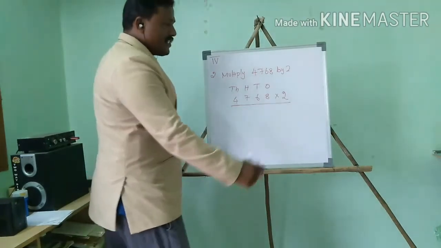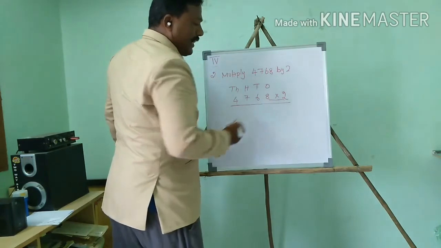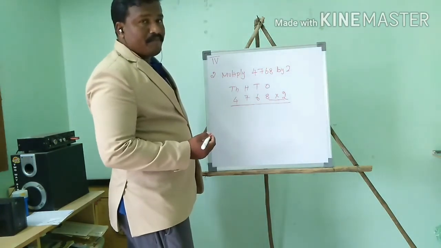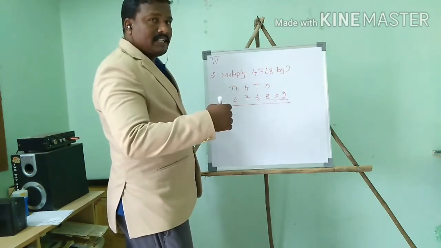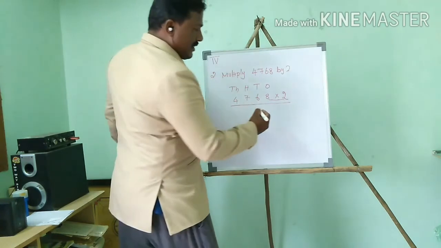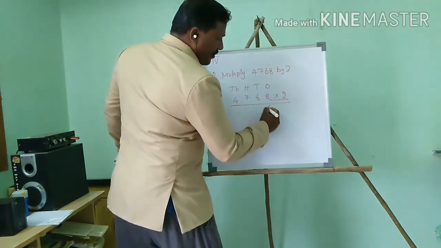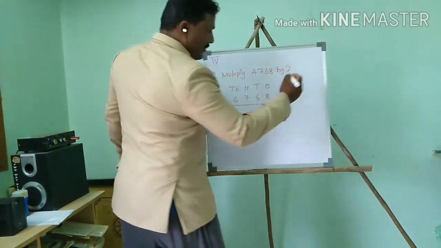Let me see. First you have to multiply 2 and 8. 8 twos are 16. So 16 we cannot write directly. We write 6 and carry 1.